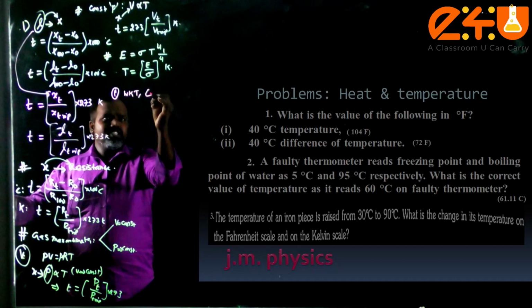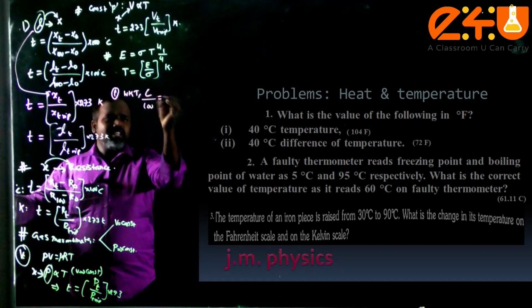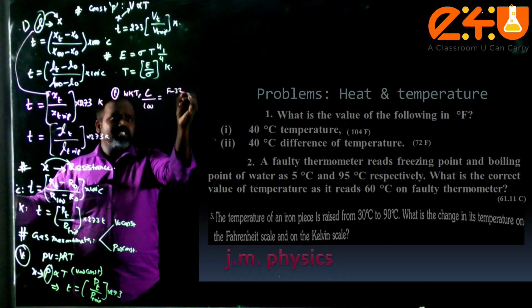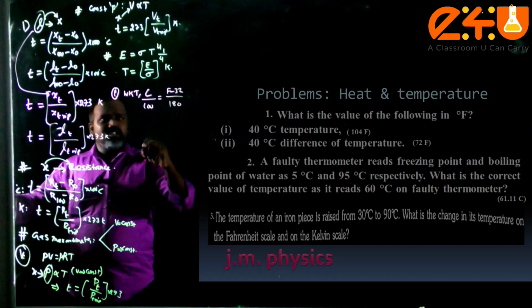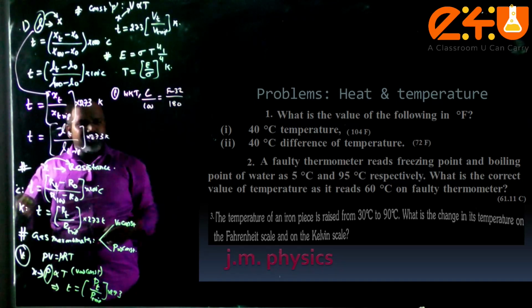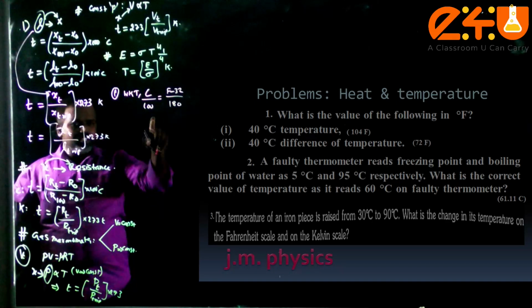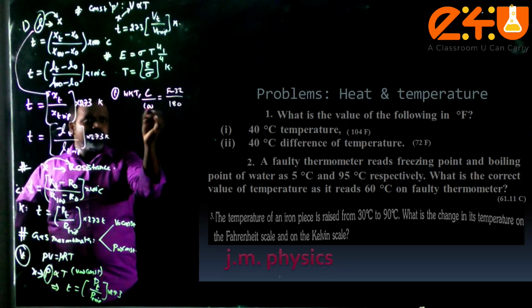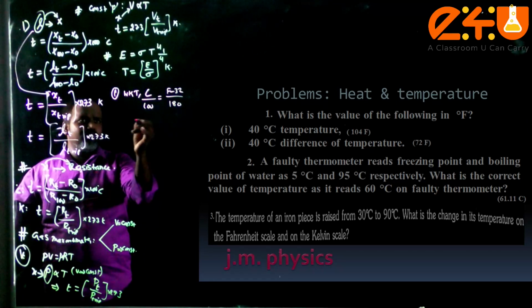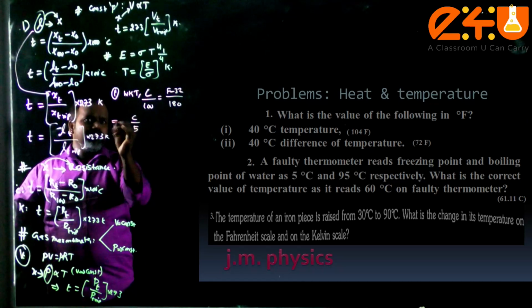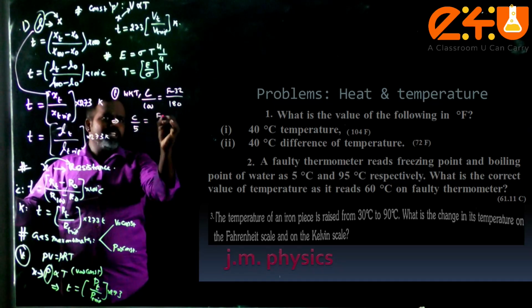C by 100 is equal to F minus 32 divided by 180. This is the relation between centigrade and Fahrenheit. Cancelling by 20, we can write C by 5 equals F minus 32 by 9.